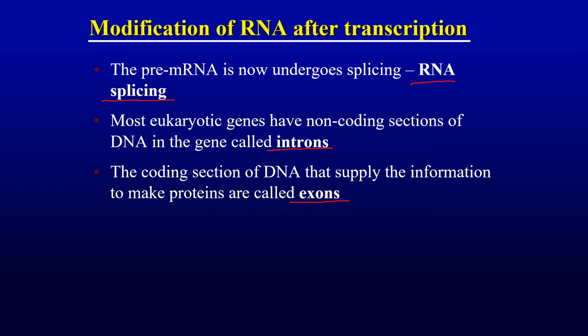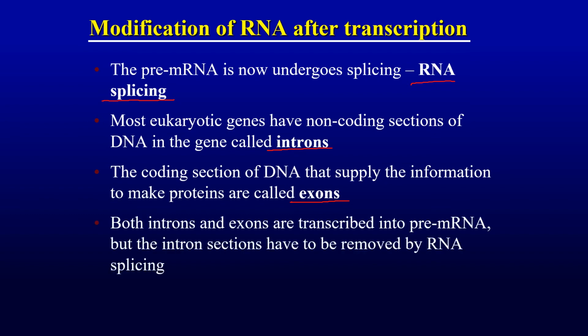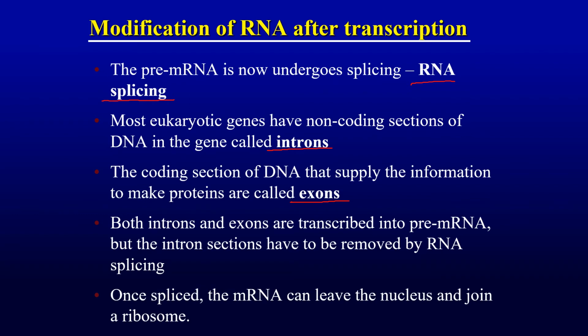These are the ones that are exported from the nucleus, and they're the ones that have the information that code for proteins. So both the introns and exons are transcribed into the pre-messenger RNA, but the intron sections have to be removed by the process of RNA splicing. So it's quite simple. Once spliced, the messenger RNA can leave the nucleus and go join a ribosome.